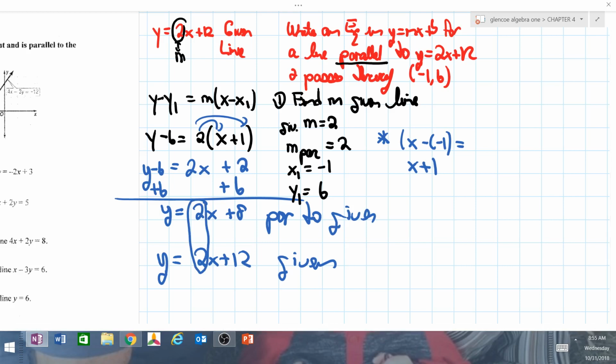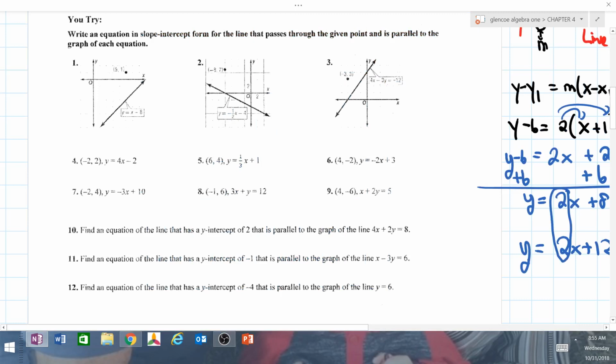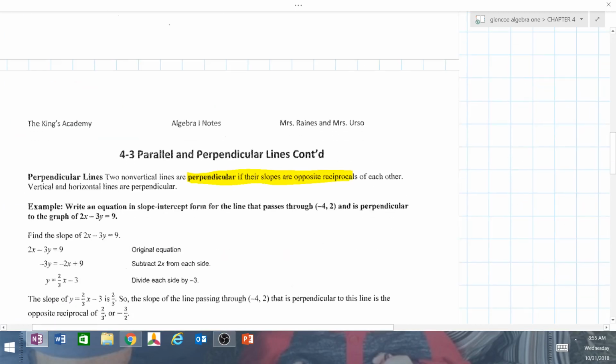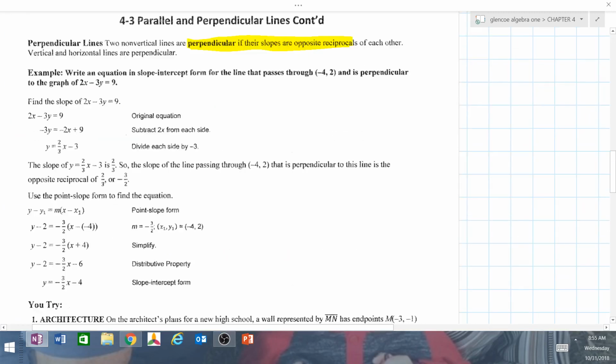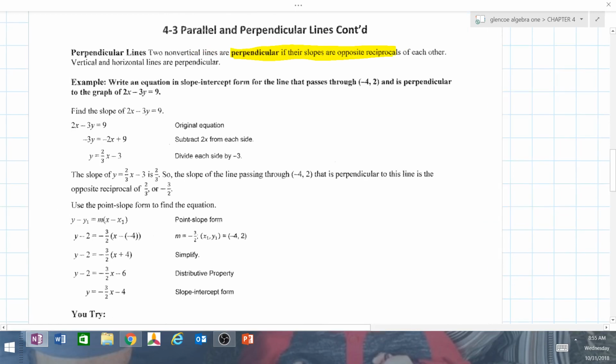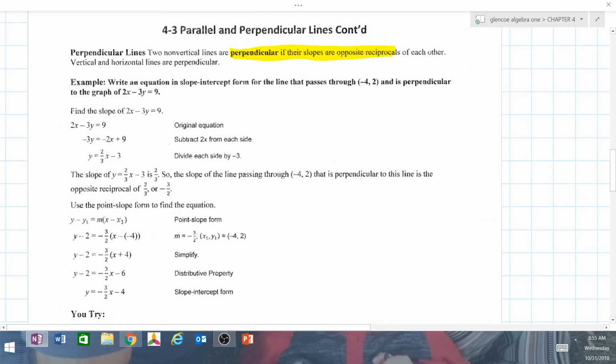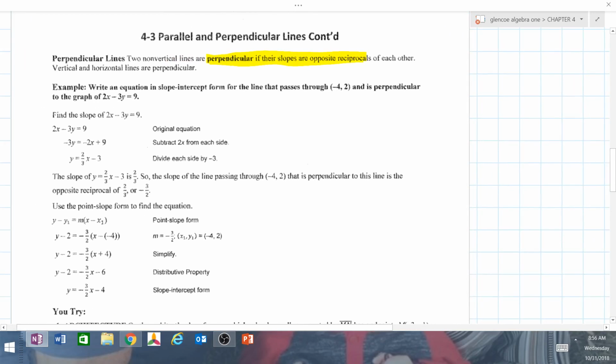Okay. The next type of problem we're going to look at would be: write an equation of a line that's perpendicular to a given line and passes through a given point. So in this particular example, I chose one that was a little bit more detailed. Instead of giving it to you in y equals mx plus b form, I put it in standard form.